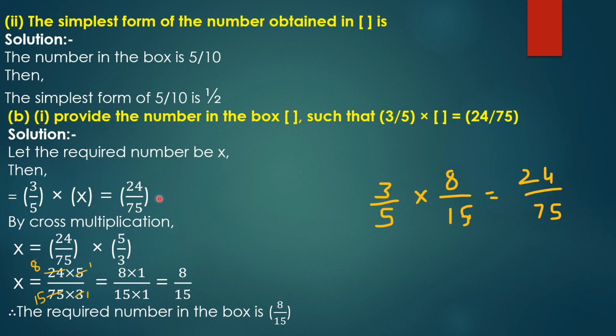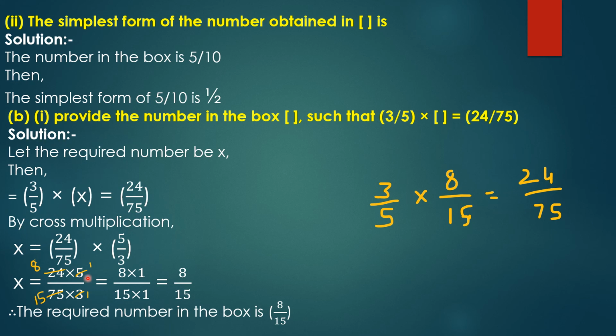Therefore, x is equal to 24 by 75 into 5 by 3. Now we have two fractions under multiplication. Multiply the numerators and denominators to get the product of these two fractions. Therefore, this will become 24 into 5 divided by 75 into 3.